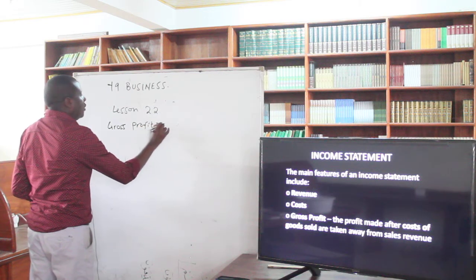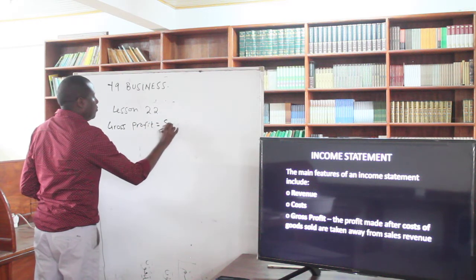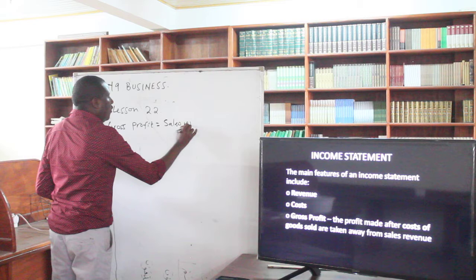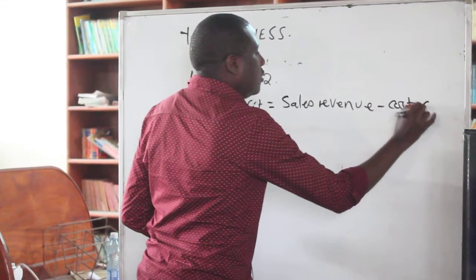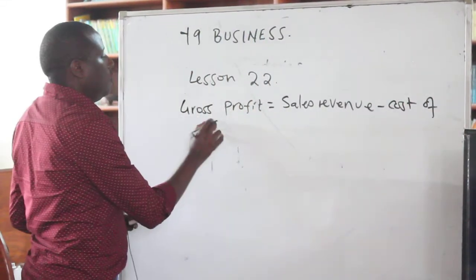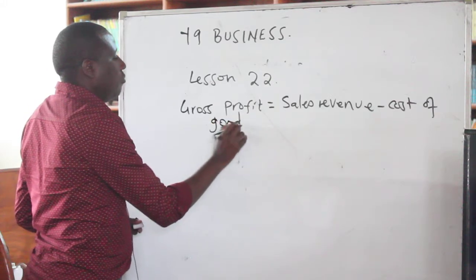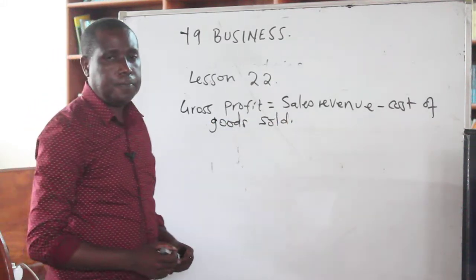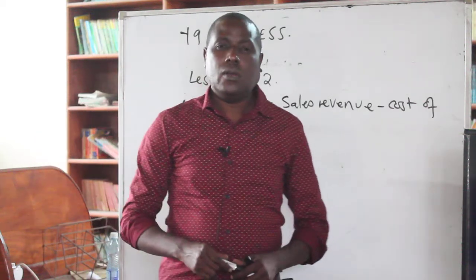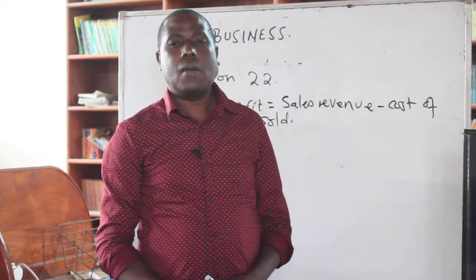So, let's say gross profit is equal to sales revenue minus cost of goods sold. Alright? Then we get gross profit.